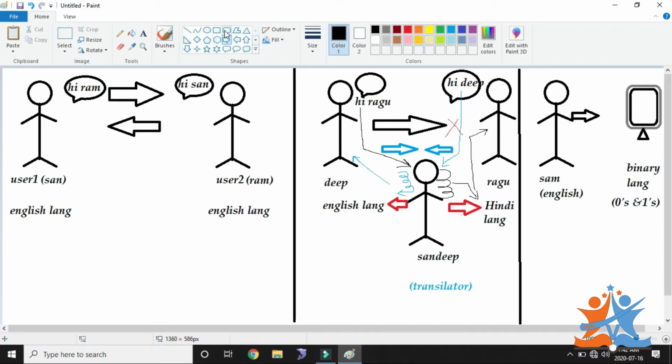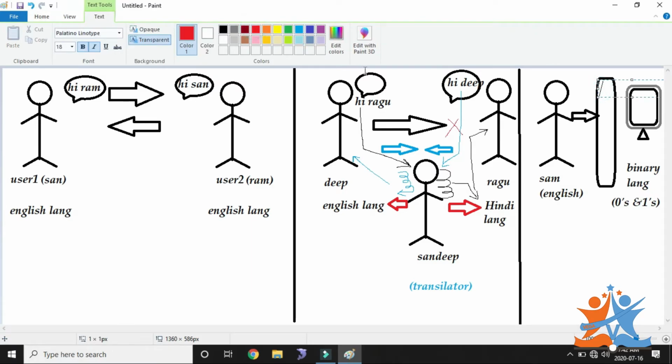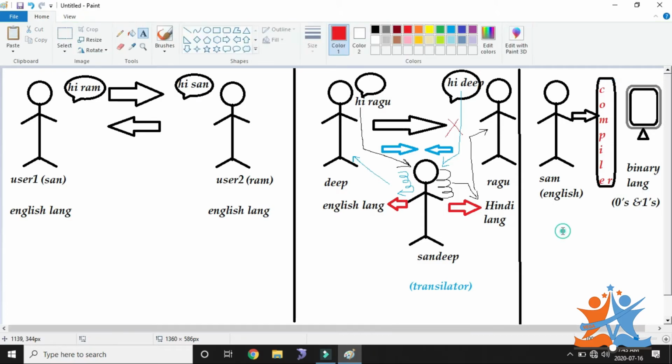The translator name we call is compiler. So the compiler will take our input.